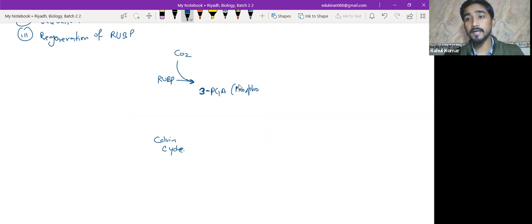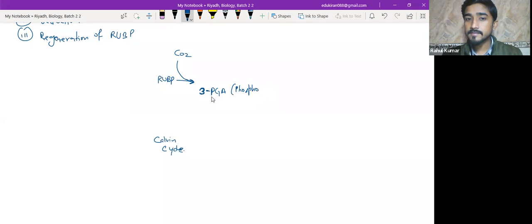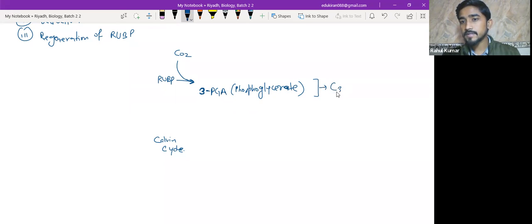Was it bicarbonate ions? Yes, negative, right? So similarly, this phosphoglyceric acid stays in the form of phosphoglycerate. The word 'ate' comes, which means it loses a hydrogen and loses its acidic form. Otherwise, it's going to destroy the cell. So this is the first stable product, which says that it's a C3 pathway. Is it clear, everyone?